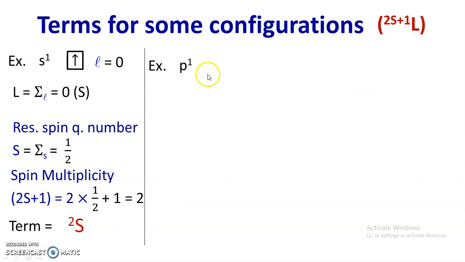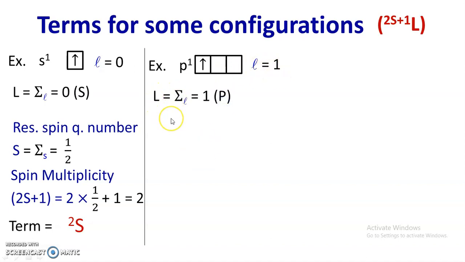Consider another example. The configuration is P1. There is one electron in p orbital, it is accommodated in p orbital. There are 3 p orbitals, px, py, pz. Suppose it is accommodated in px orbital. For this electron L is equal to 1, because this electron present in p subshell, so value of azimuthal quantum number, it is 1.